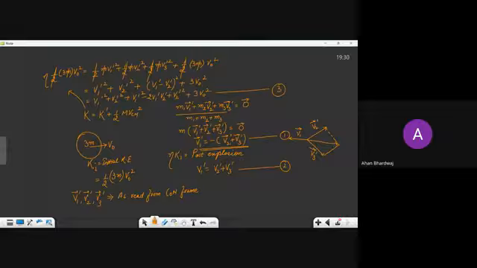Anyone else? We'll confirm this. Discriminant should be greater than or equal to 0. Is there any confirmation on this? Yes, sir.